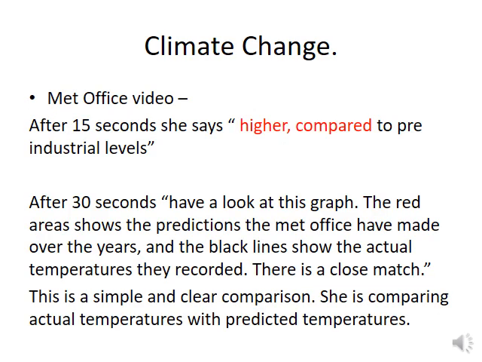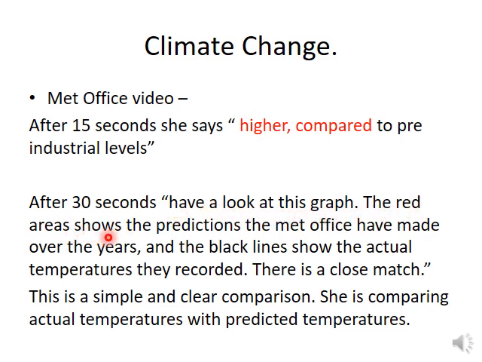So in that Met Office video, the lady, after 15 seconds, says, "higher compared to pre-industrial levels." So yeah, higher, again we're adding, and then the words compared to pre-industrial levels. Now after 30 seconds, she says the following.